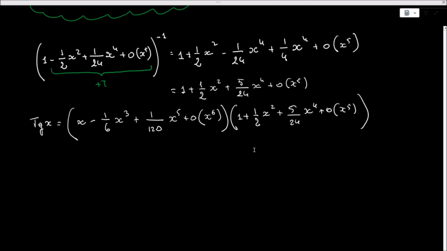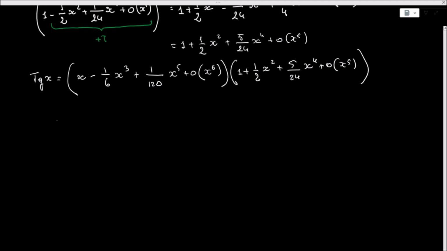And now we can expand the product, and we have x plus 1/2 x to the cube plus 5/24 x to the 5th.